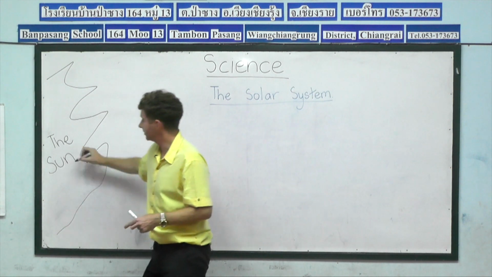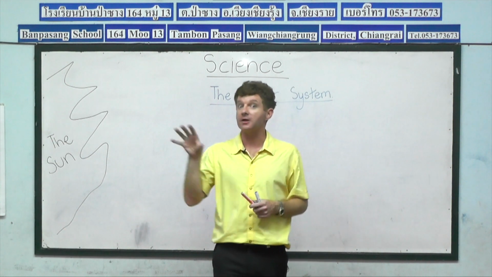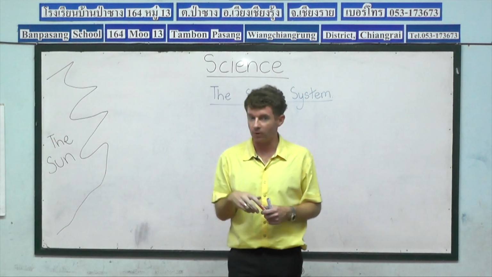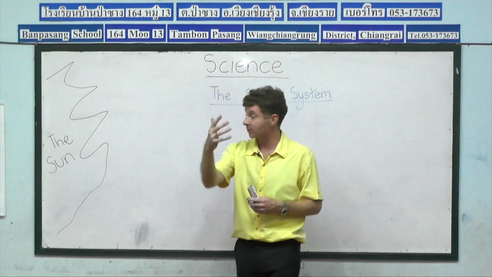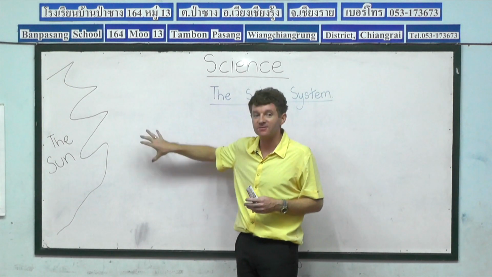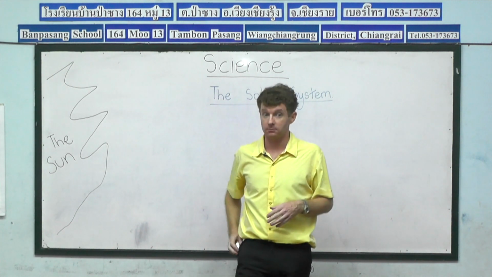S-U-N. Okay, and what we're going to do now, I'm going to call out the names of the planets in order. So if our student has that planet, they need to come forward and they need to stick it, starting with the one closest to the sun.